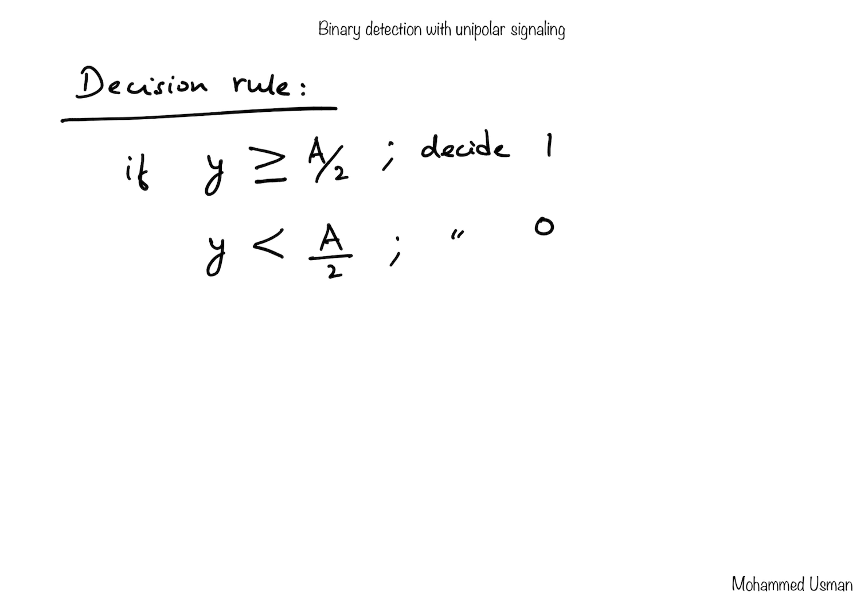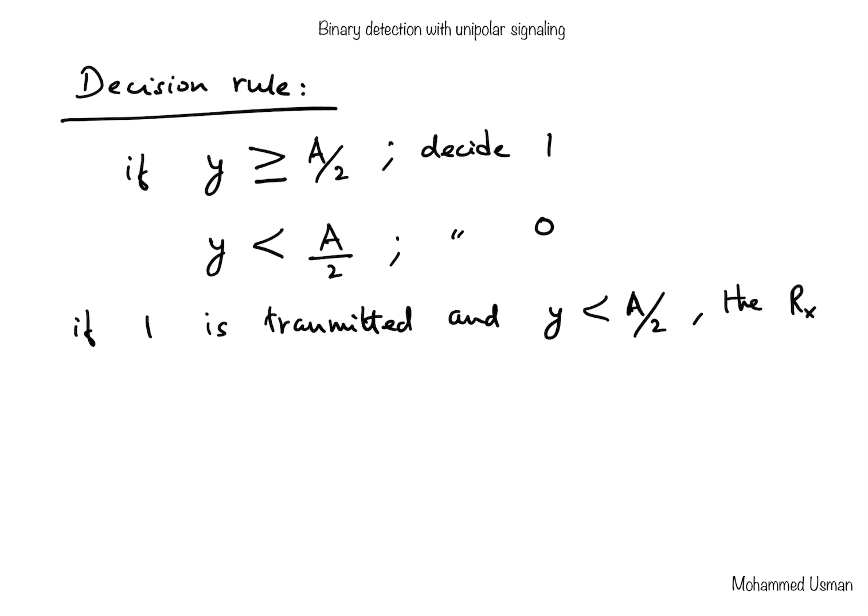So the error happens if 1 is transmitted and the received signal y is less than a by 2, the receiver, I'm going to just denote Rx as the receiver, the receiver decides it as 0. So what happens is we transmitted a 1, but the receiver thinks it's a 0, so that's an error. A 1 has become a 0.